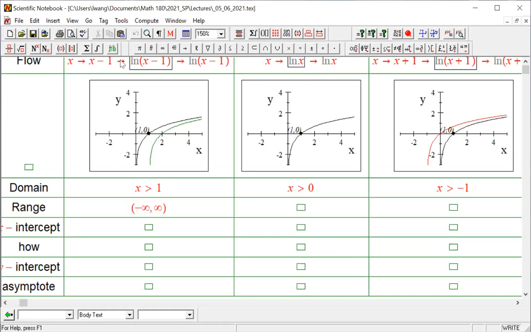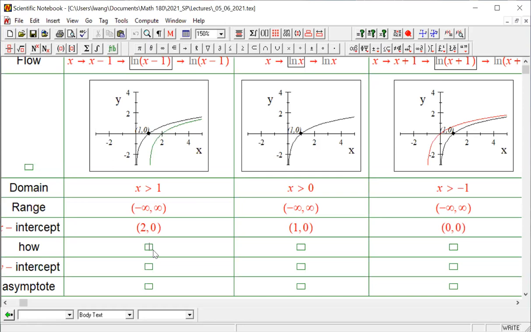Domain and range, no problem. X intercept. The first one is (2, 0). The last one, (0, 0). Very good.